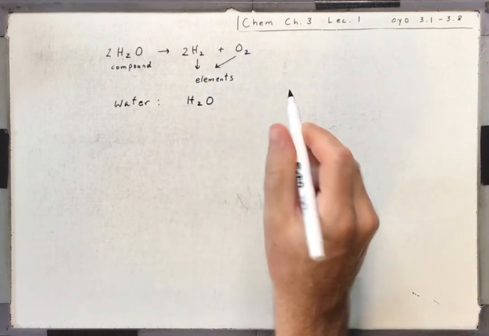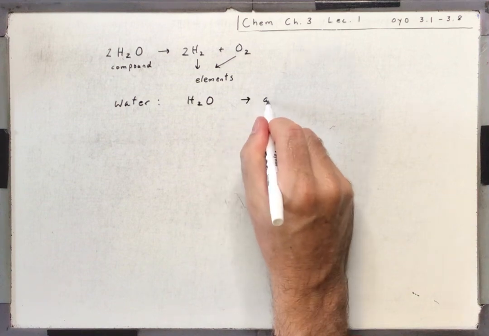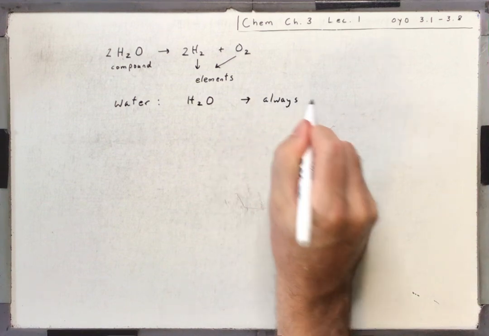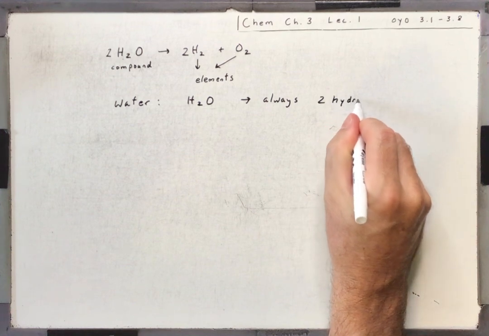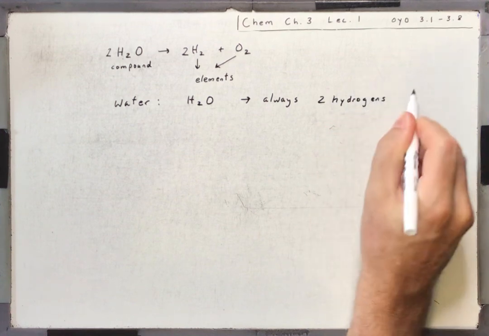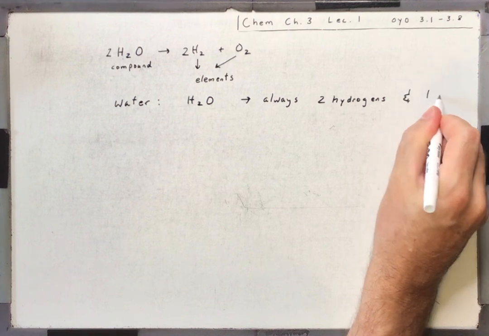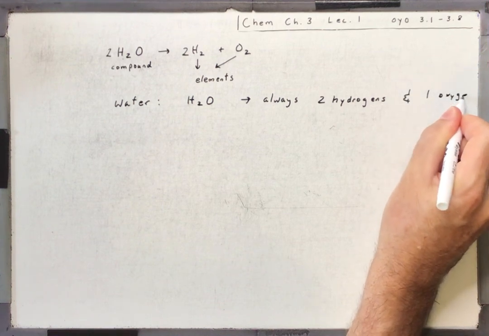Water, H2O, is always 2 hydrogens and 1 oxygen.